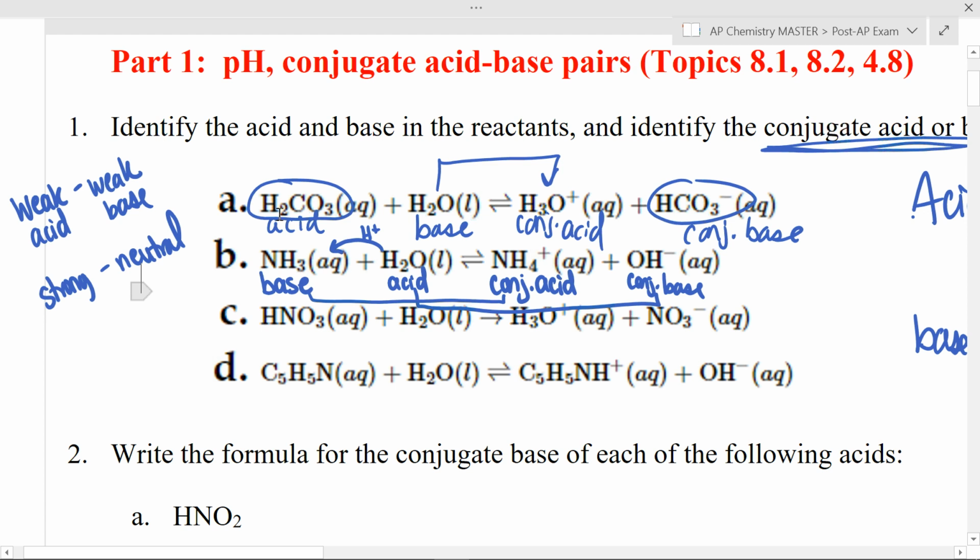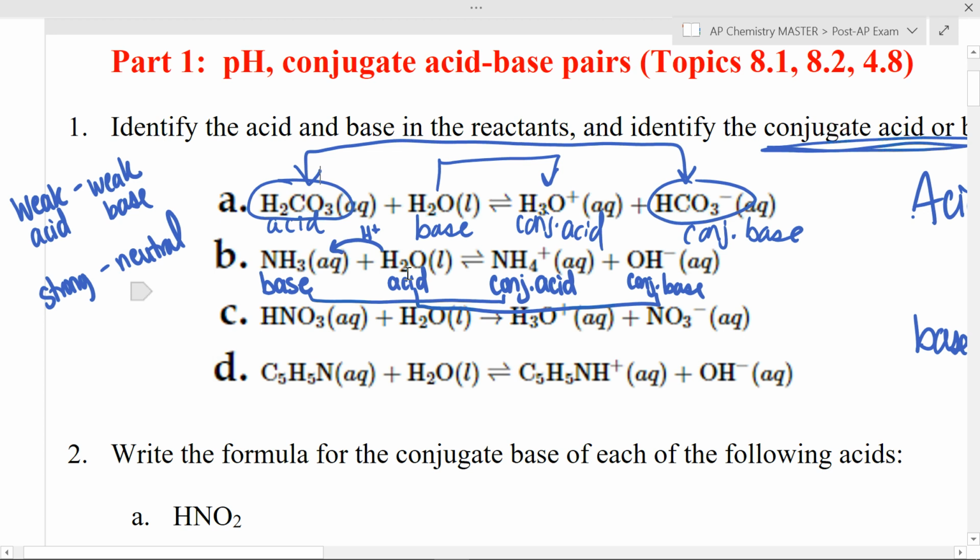I know that because it's not one of the 6 strong acids I memorized. And therefore its conjugate base, HCO3 minus, must be a weak base. So the conjugate of a weak acid is a weak base. And then NH3 is a base. It is a weak base because it's not one of my strong bases that I memorized. And so the conjugate of a weak base is going to be a weak acid. So NH4 plus is a weak acid.